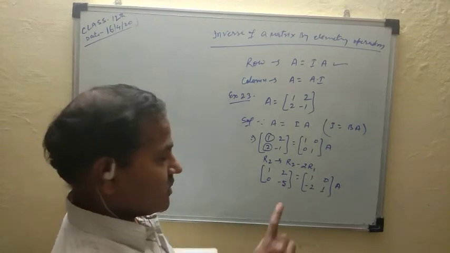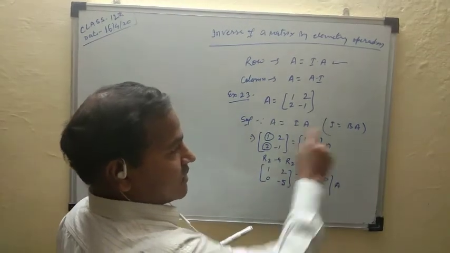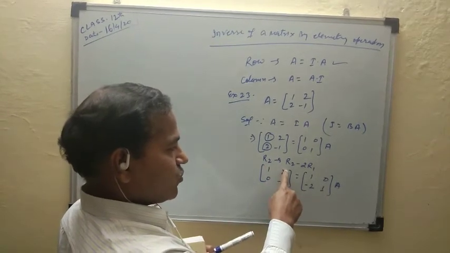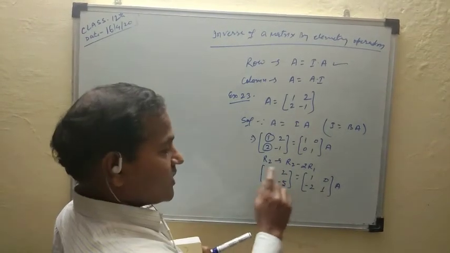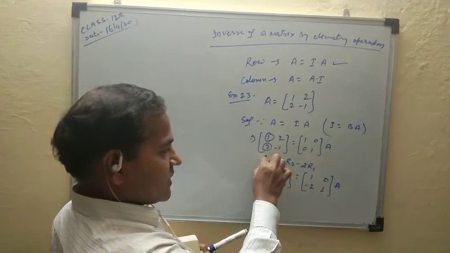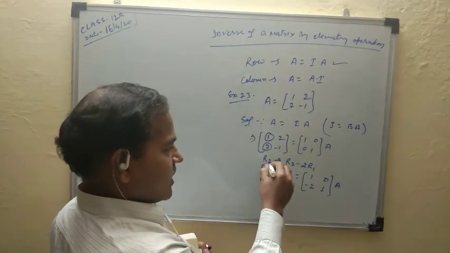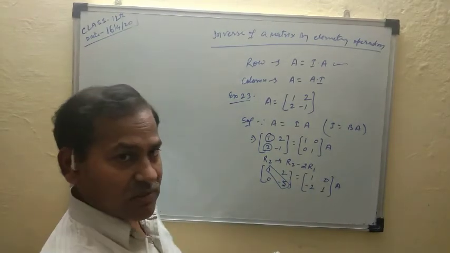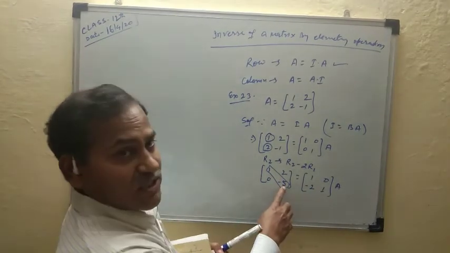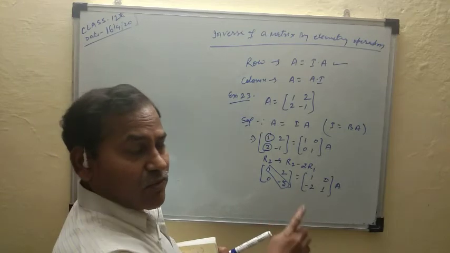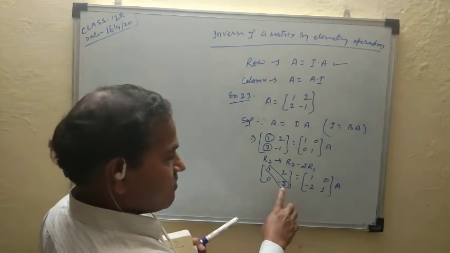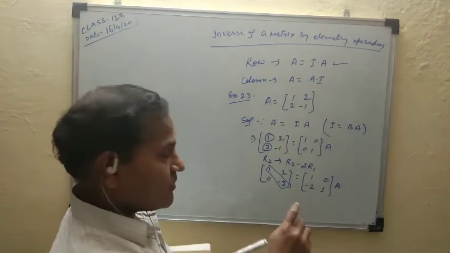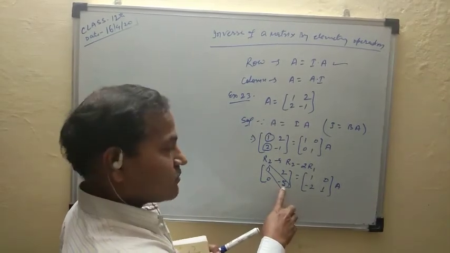Remember, this matrix must become the identity matrix, that is 1 0, next 0 1. So first make the unity element, the diagonal element, 1. This is 1, then second make this element 1. For that, dividing R2 by minus 5 makes it 1.